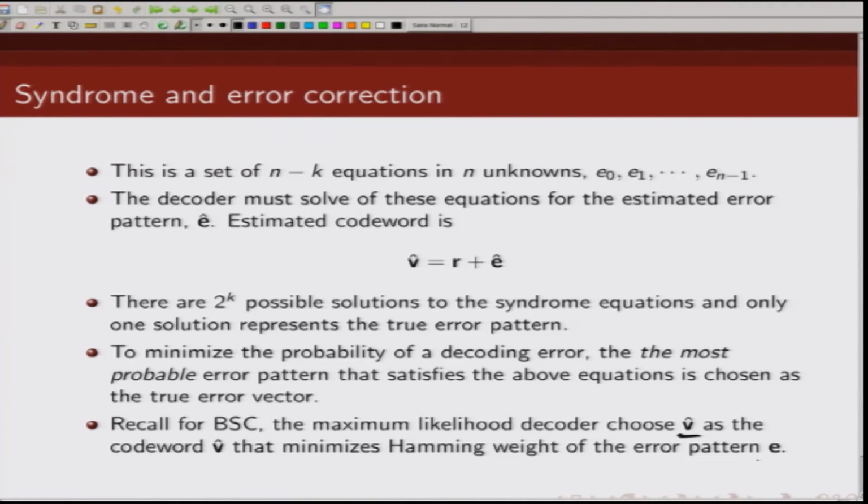In other words, it minimizes the Hamming weight of the error pattern E. So, from the 2^k different solutions, the one which has the least Hamming weight is the best solution for a maximum likelihood decoding rule for a binary symmetric channel.